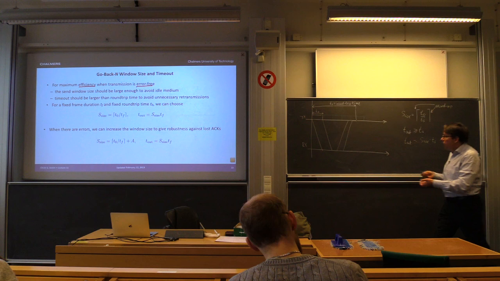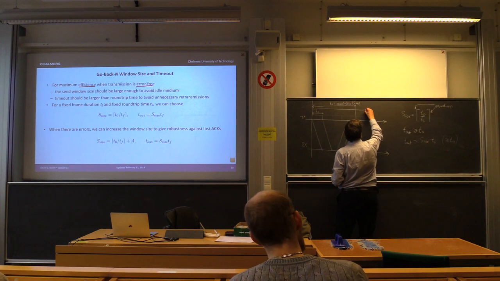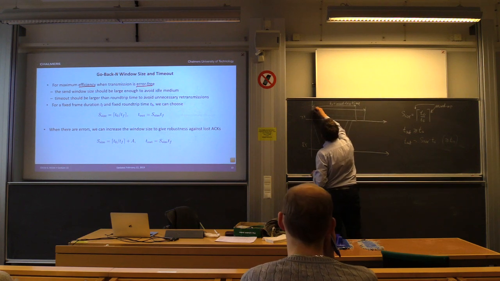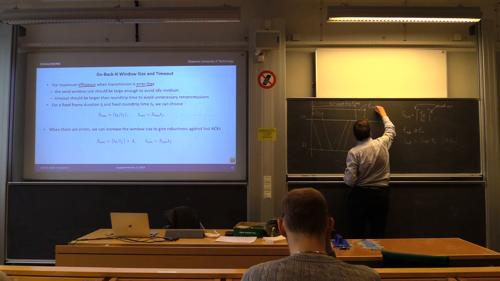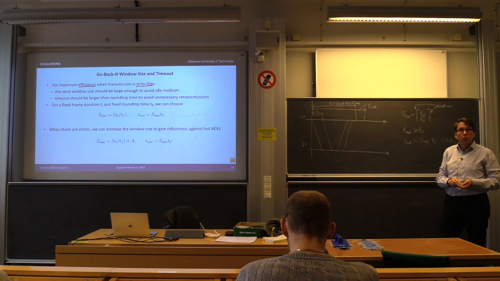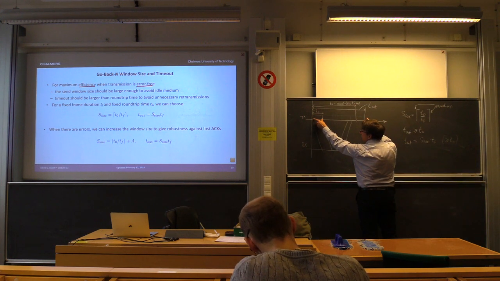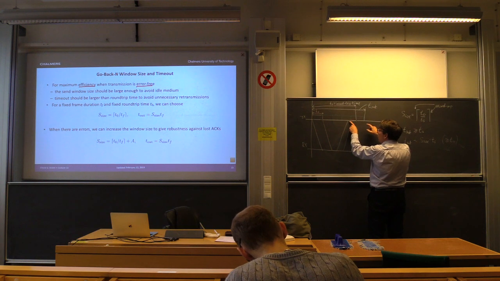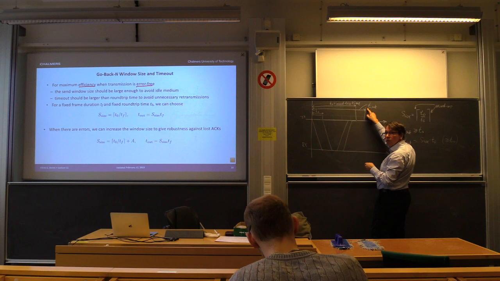Right. So we can select the timeout in this case to be this. Right. Because then we give ourselves, if we look at this packet, the time for this to be processed before it times out.